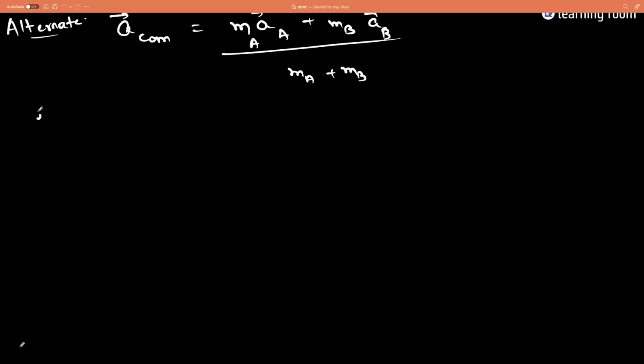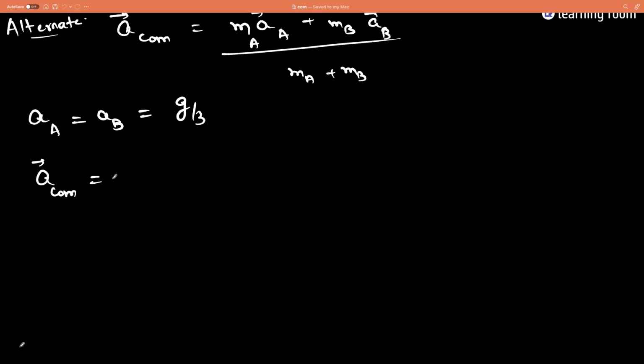So to find the acceleration, we know that acceleration of A is equal to acceleration of B, which is g by 3. We already calculated that.